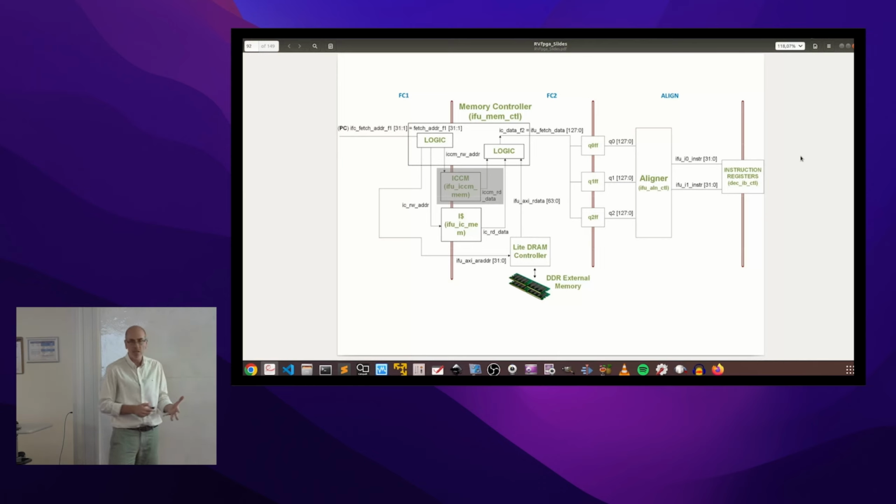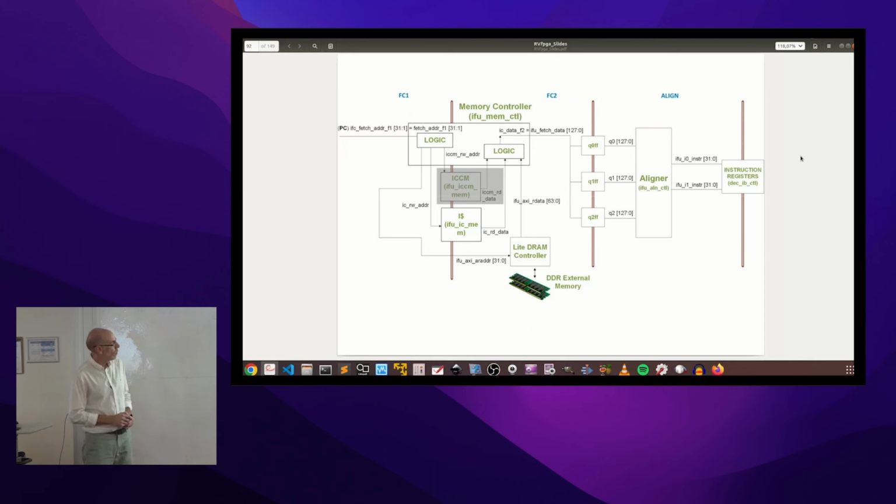You can enable it, and we'll explain in Lab 20 how to do it. But in the baseline bit stream and the sources, this one is disabled. The cache is accessed. In case of a hit, the instructions are provided to the next stage. In case of a miss, the instructions are requested to the external memory through the memory controller.